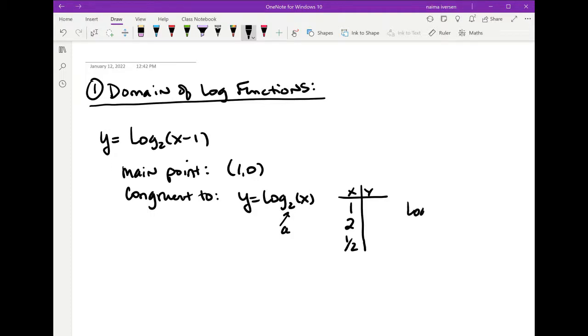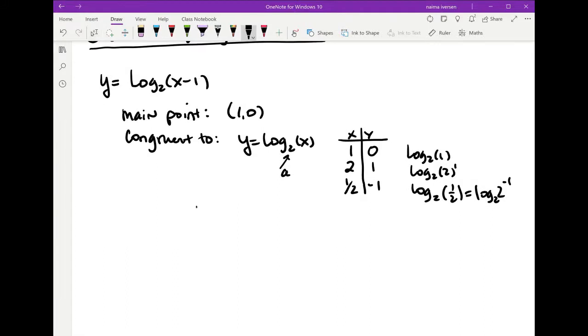Log base 2 of 1, that's a log property, is 0. Log base 2 of 2, 2 to the 1, out pops the exponent, that's 1. You can actually evaluate these now. And log base 2 of 1/2, which is log base 2 of 2 to the negative 1, out pops that negative 1. So from our main point, we've got ourselves (1, 0).